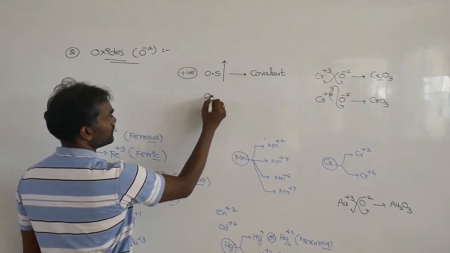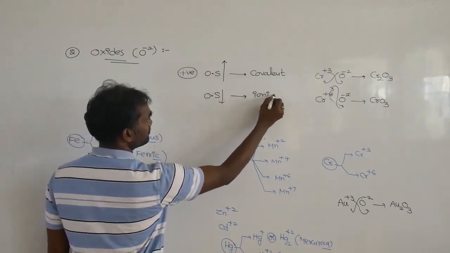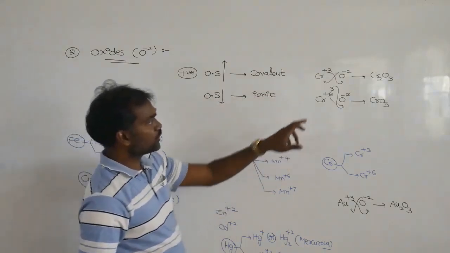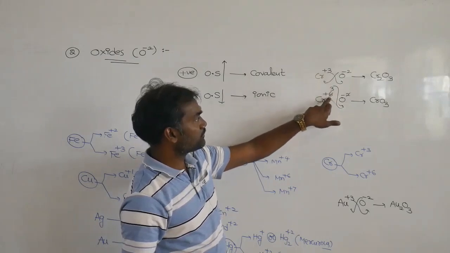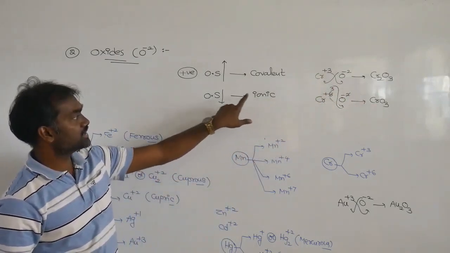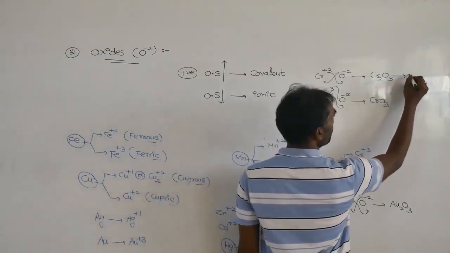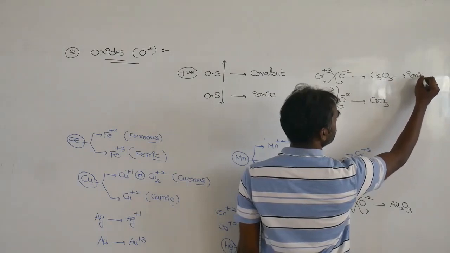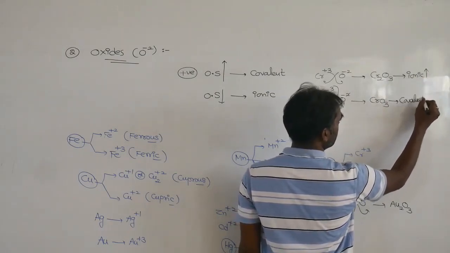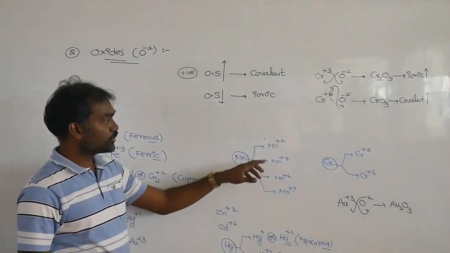So lowest oxidation state, they are showing ionic character. Suppose here chromium plus 3 is there, chromium plus 6 is there. In these two compounds, lowest oxidation state is showing ionic character. So it has more ionic nature. It has more covalent character. By seeing the oxidation state only you can tell.